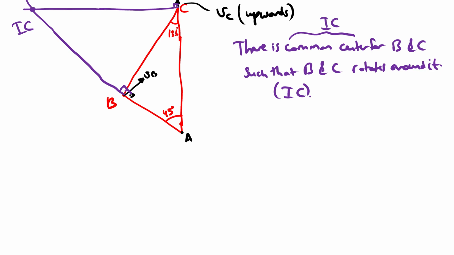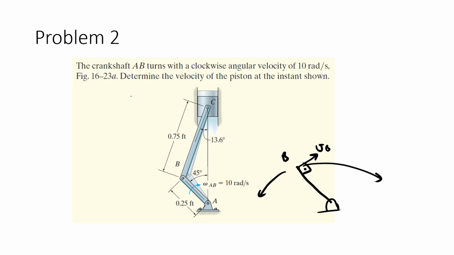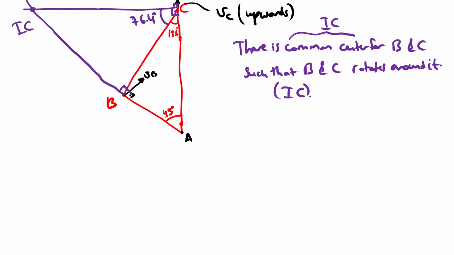Since this one is 90 degrees and that angle is also 90 degrees, with 13.6 degrees, that will be 90 minus 13.6, which is 76.4 degrees. Then we have 45 degrees, 13.6 degrees, and this angle will be 121.4 degrees.